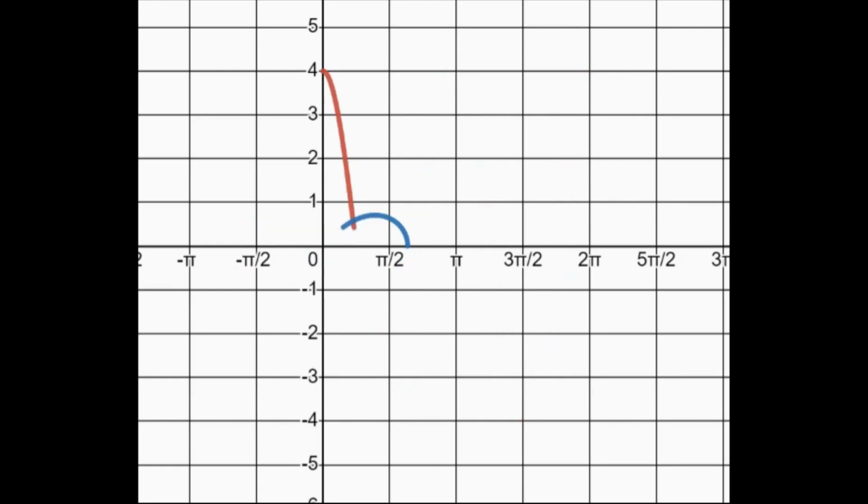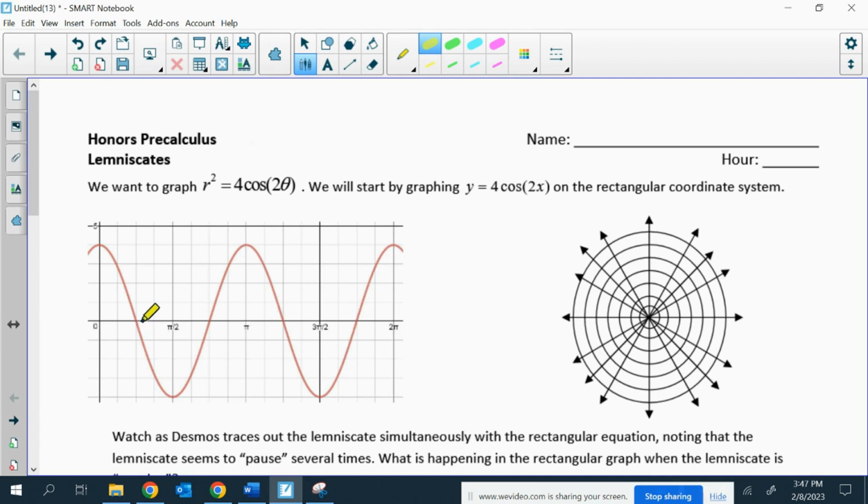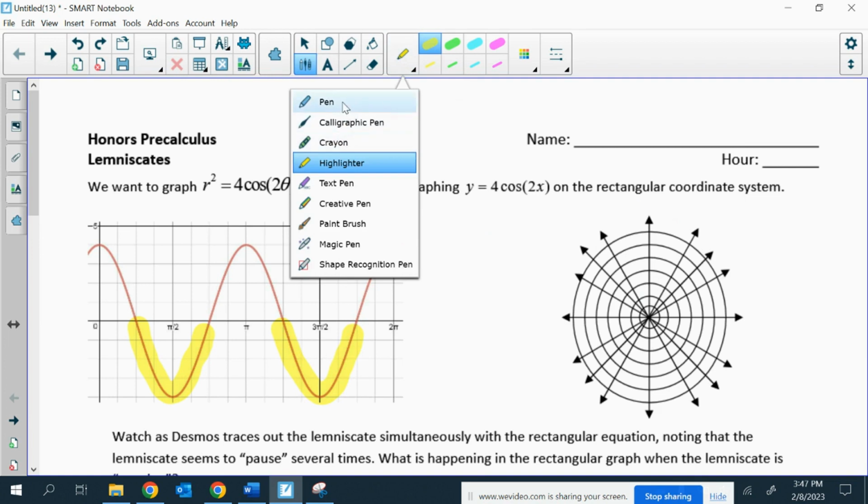And that pause in the drawing appears to be whenever the rectangular function is under the x-axis. So what we probably noticed was that every time the rectangular graph was underneath the x-axis, our polar graph was not graphing anything.